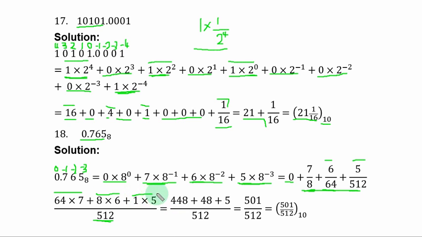When you multiply out, you have 448 plus 48 plus 5 over 512. And when you add the numerator, you have 501 over 512. Then you write it to base 10.